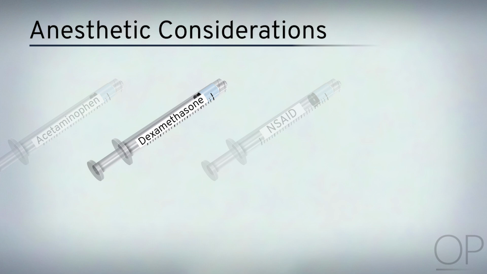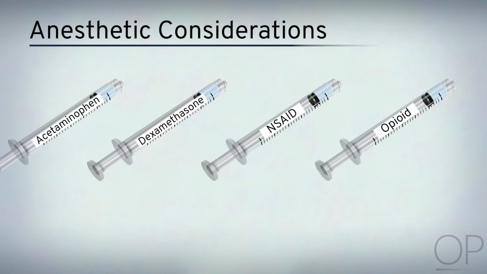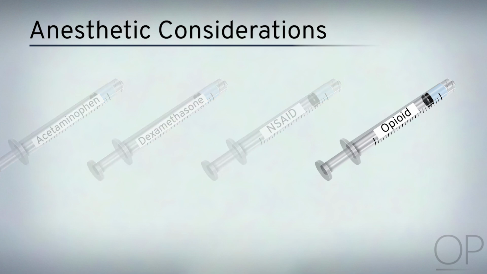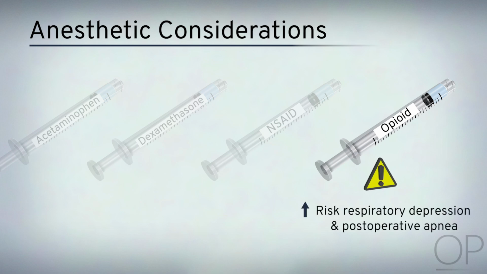Dexamethasone has the added benefit of decreasing postoperative airway swelling in addition to providing antiemetic properties. Judicious doses of opioids are often used, though there are ongoing investigations into opiate-free anesthetics for adenotonsillectomy. The anesthesiologist must carefully dose opioid medications in patients with obstructive physiology due to increased risk of respiratory depression and postoperative apnea while providing adequate analgesia to avoid coughing and agitation following emergence, as this can lead to bleeding.